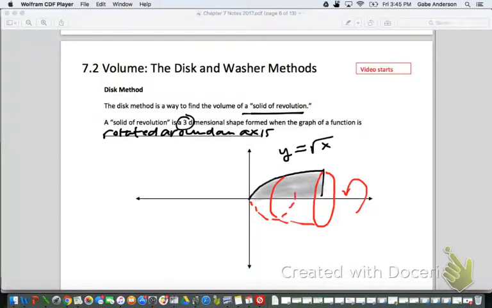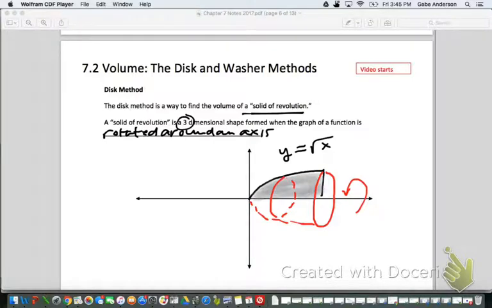You could see that it would look maybe like a bullet or something. It'd be a solid shape. And that rotation around the x-axis is what's causing the solid, the three-dimensional shape, to form.